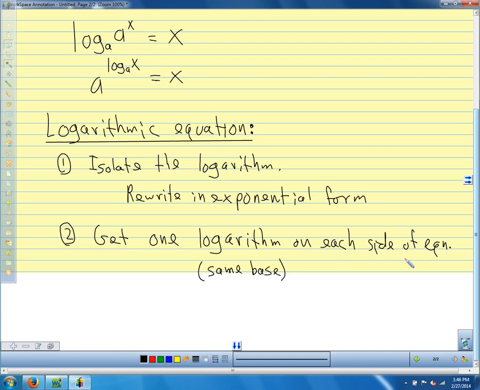So this method only works when we use the same base, and then we use the one-to-one property. And I'll talk about a slightly different way to think about both of these as we go through this. But these are our two basic techniques for solving logarithmic equations. So I just want to go through a few examples of working with these ideas.